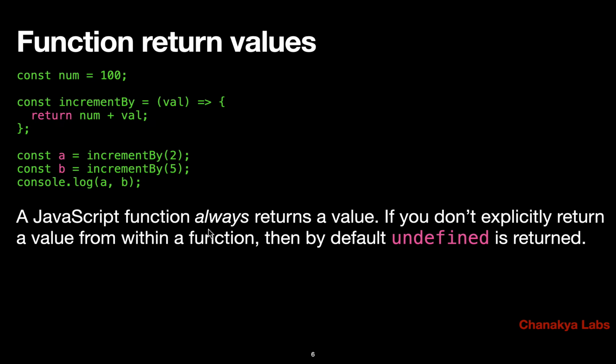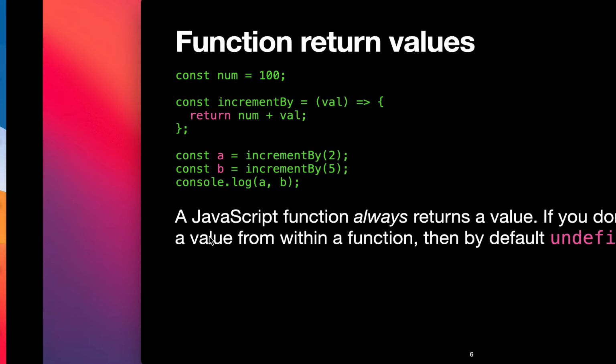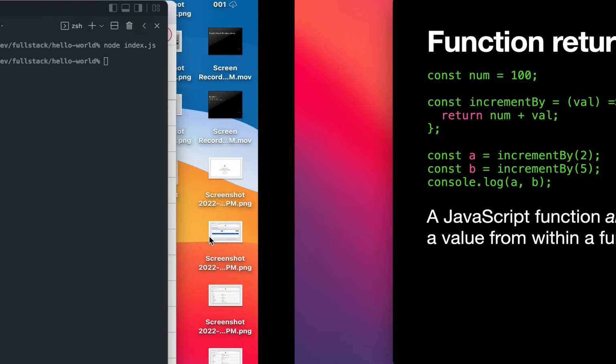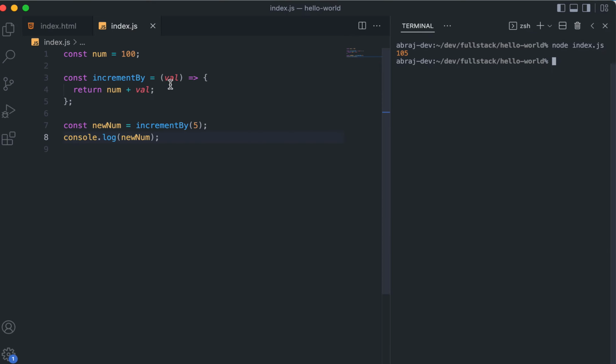Okay, so let's see a couple of more things. First thing is that you can return anything, but even if you don't return anything from a JavaScript function, it always returns something.